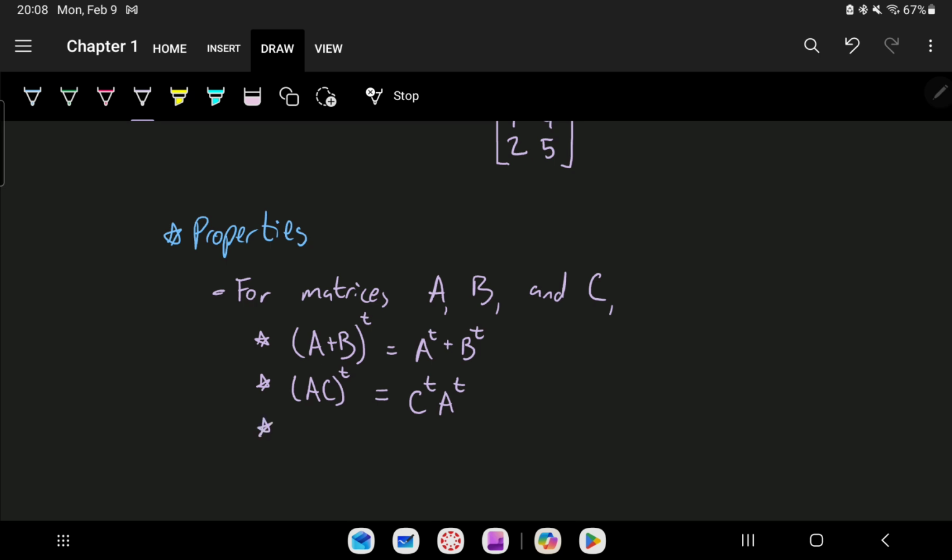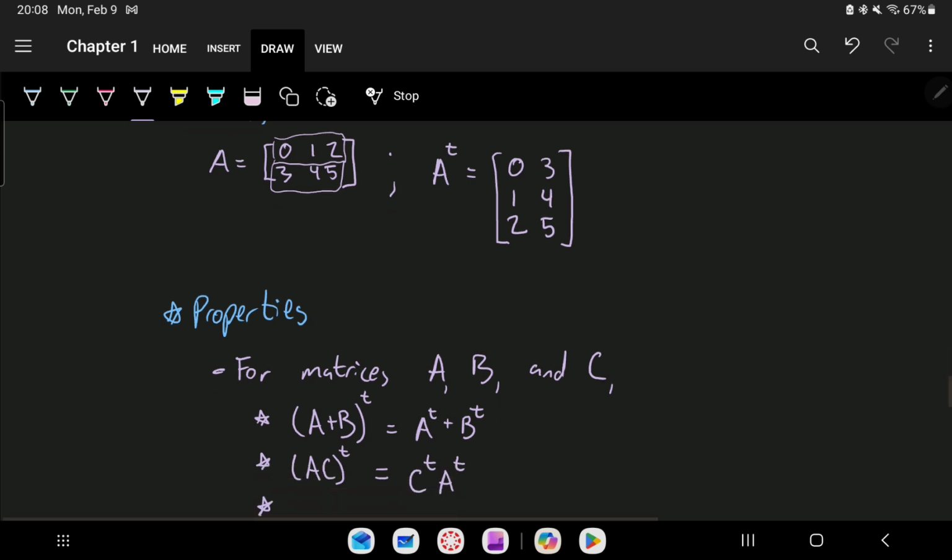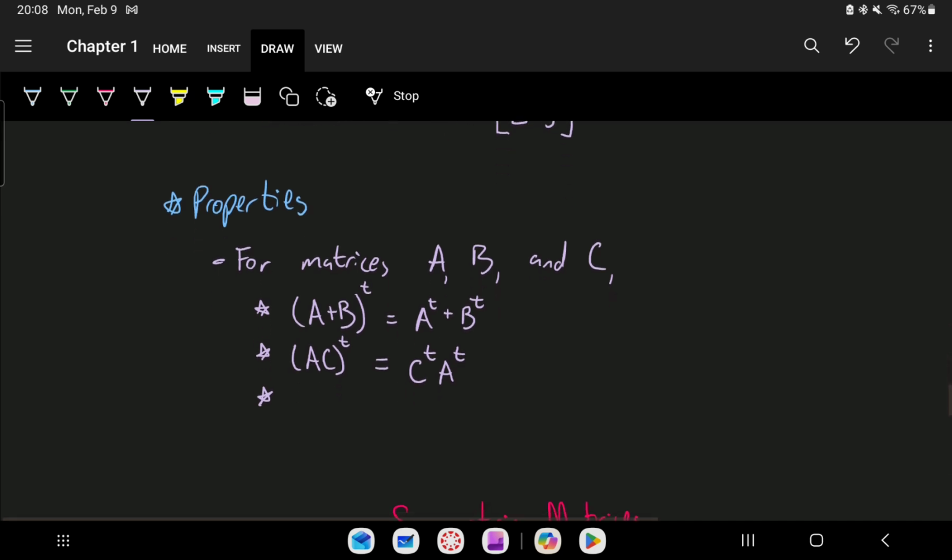Now, since a transpose is basically just a little sort of inversion trickery of A, an interesting fact about this is that if you take the transpose of A transpose, that's just going to put you right back at A, right?